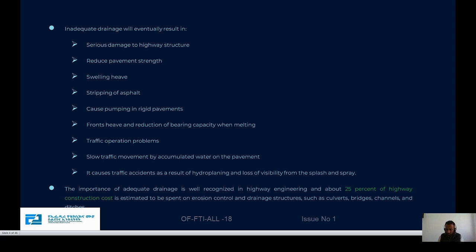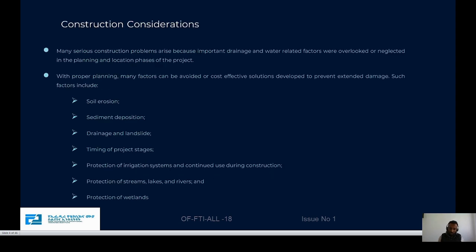For example, providing culverts, bridges, channels, and ditches is very important. Construction of these structures will be almost 25% of the highway construction costs.